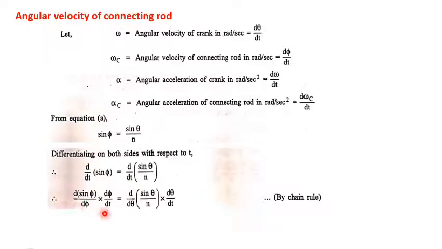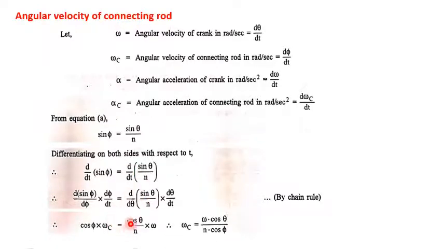Using the chain rule, the left side can be written as d by d phi of sin phi into d phi by dt, because d phi gets cancelled and I get the same equation. On the right-hand side also, by the chain rule, we can write d by d theta of sin theta by n into d theta by dt, because d theta gets cancelled and I get the same equation.